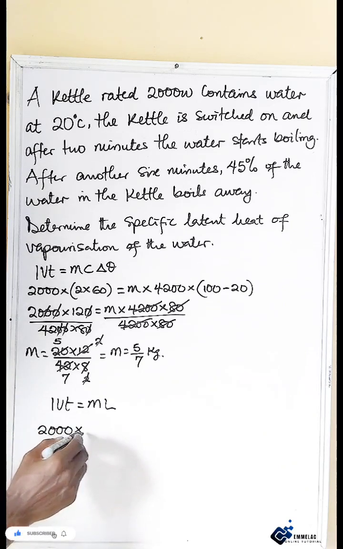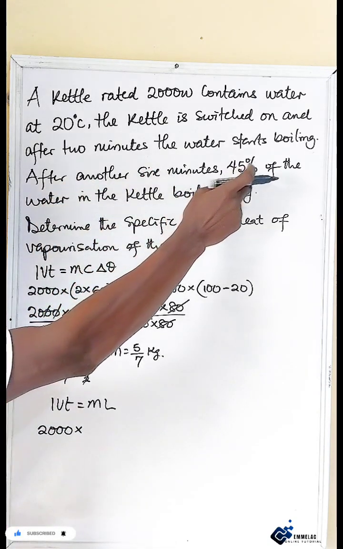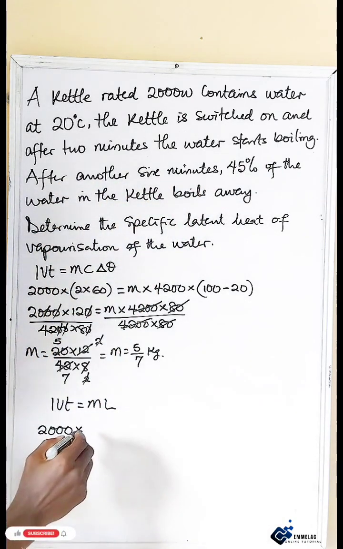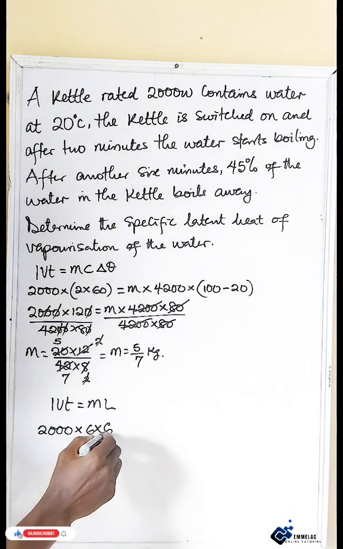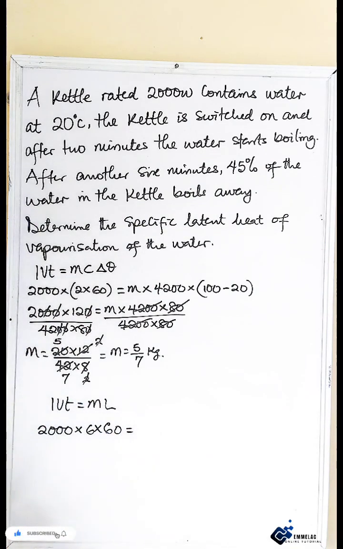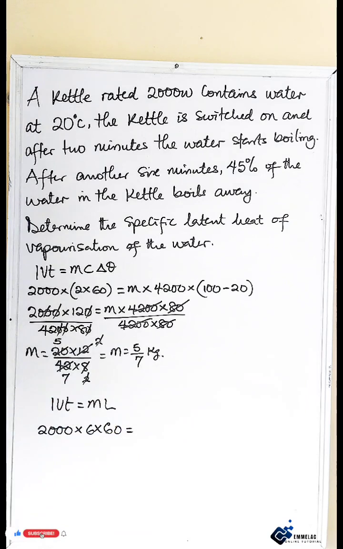But at this point the time is 6 minutes, after which 45% of the water in the kettle boils away. So here we have 6 times 60 equals the mass. Take note here, 45% of the mass, so 45% of 5 over 7 kilogram.